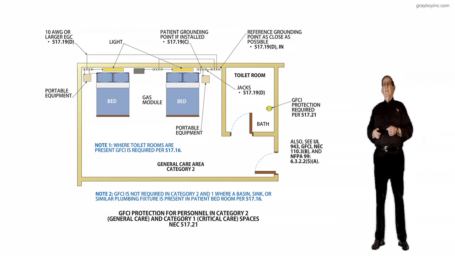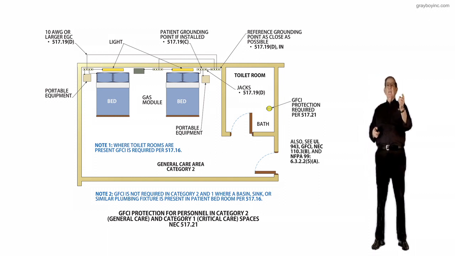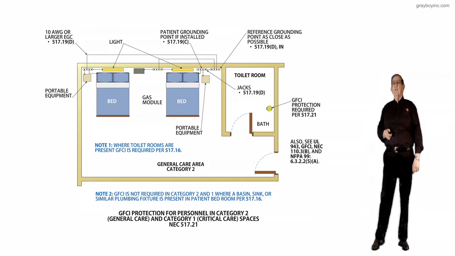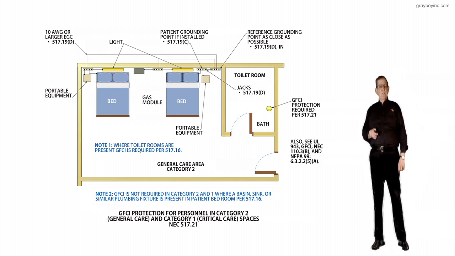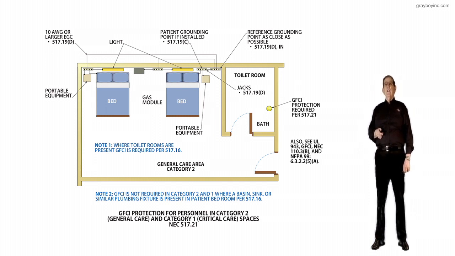Now, if you wanted to have, say, a grounding reference point that you see in the illustration beside the bed number 2 to the left of bed number 1, which is to the right, then notice the call out with the arrow drawn to it says reference grounding point as close as possible, as outlined in 517.19D as in dog, informational note.